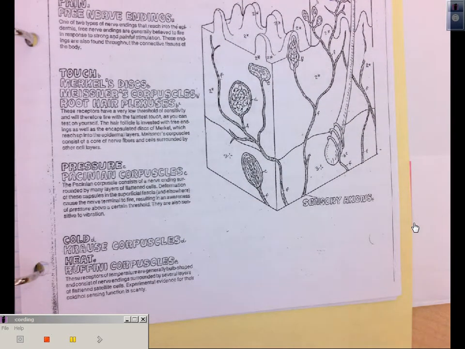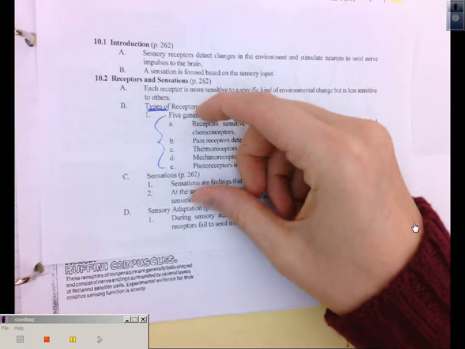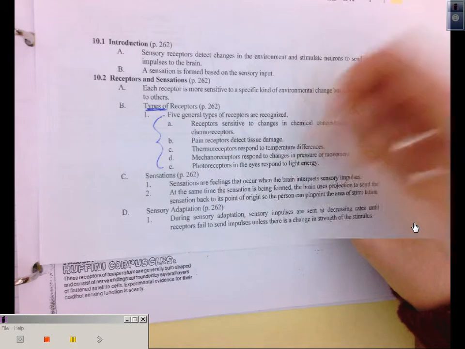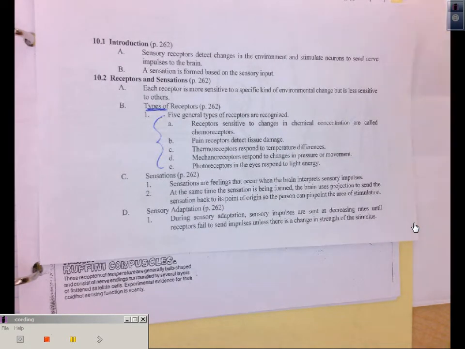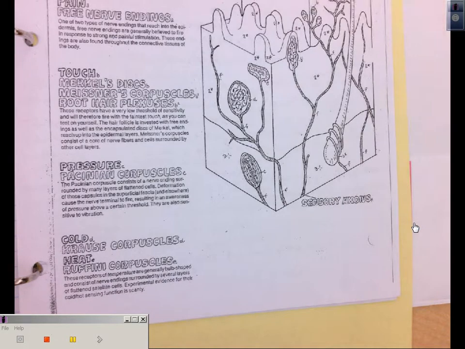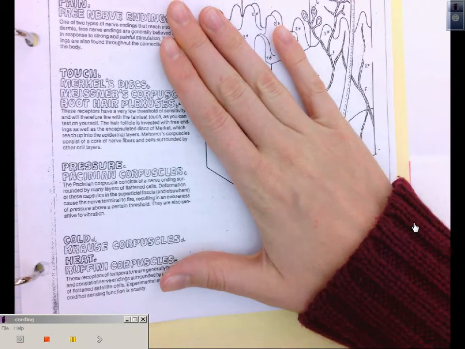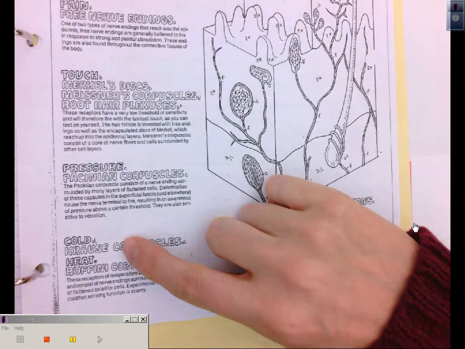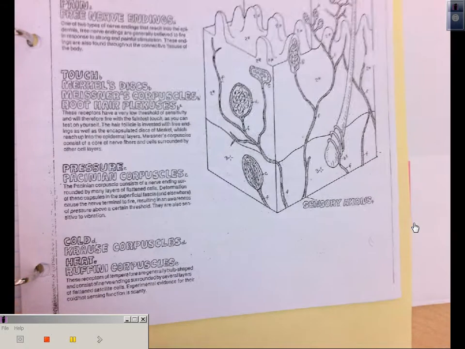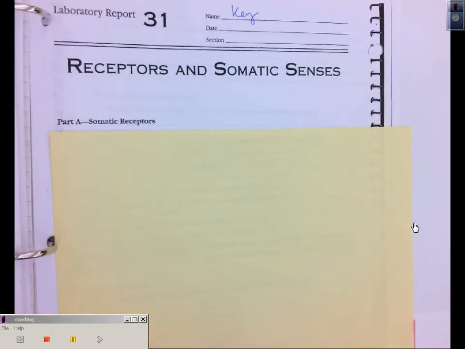So a quick review. You're going to use this half page to help you figure out what receptors take in information on different things, and also the information on this coloring page for pain, touch, pressure, cold, and heat. That will be for part A. That's the part that you're going to be working on, on page 240, before you start the rest of the lab.